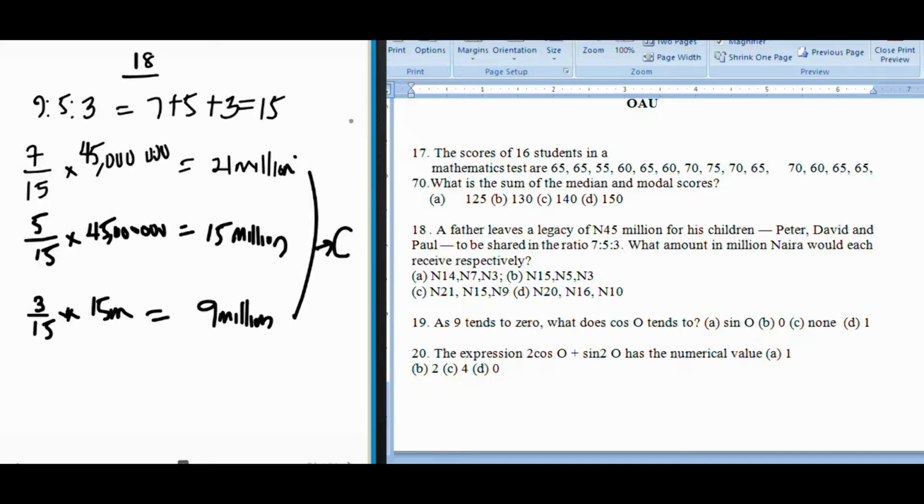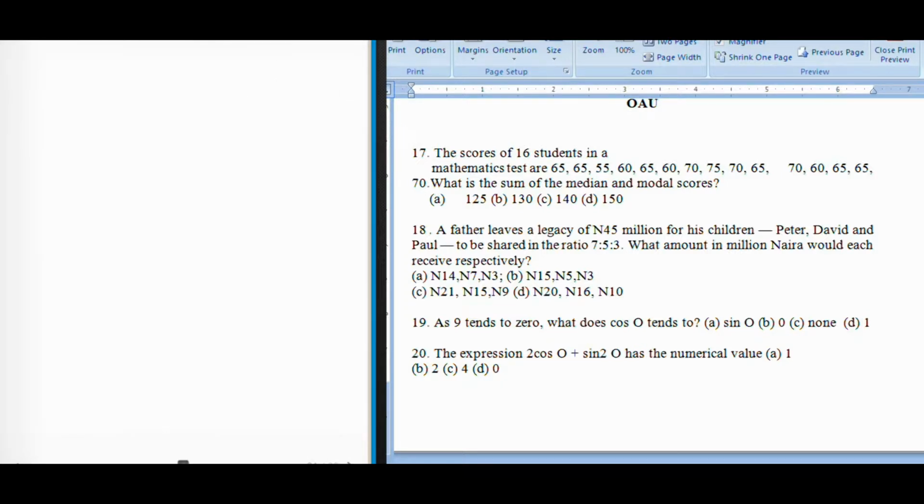The next question has to do with limit. It says, as theta tends to 0, what does cos theta tend to? That is, we have the limit of cos theta as theta tends to 0.